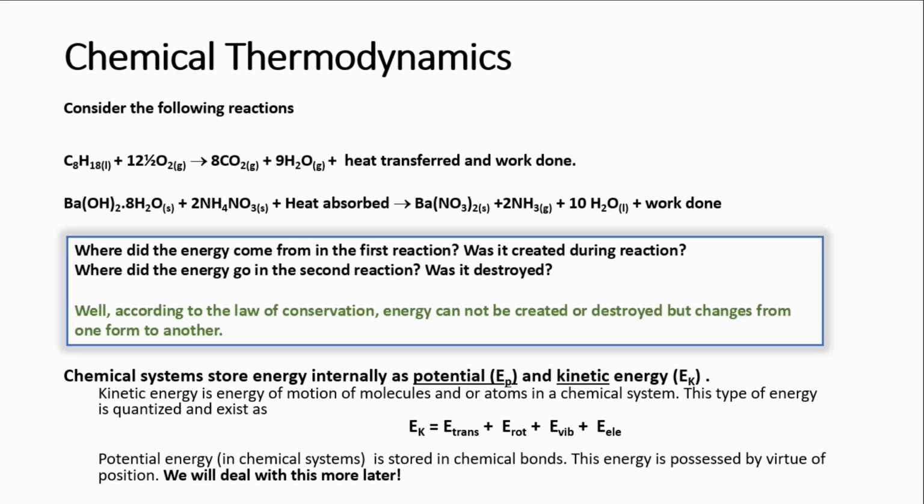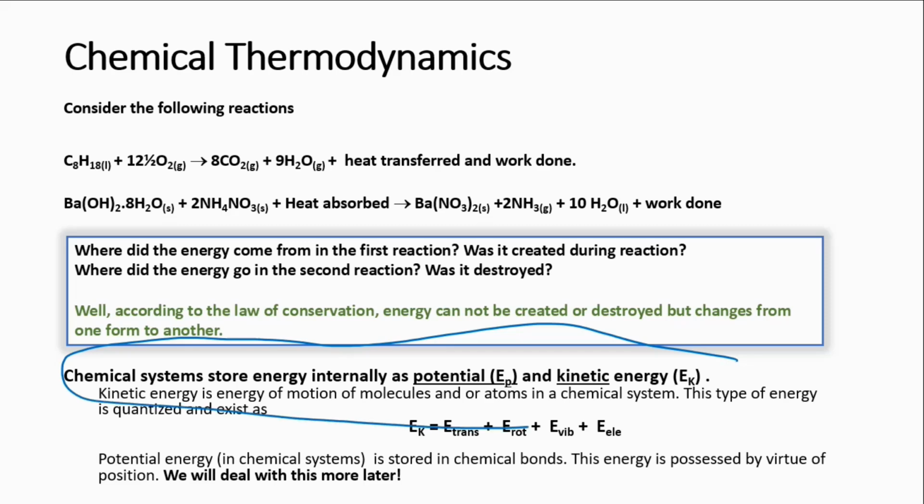And this is important. Energy is conserved. The total energy can change from one form to another, but the total energy is constant. Now, in chemical systems, energy is stored internally as potential and kinetic energy. What do I mean by this statement?